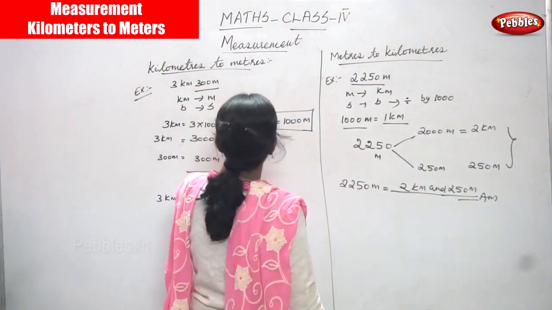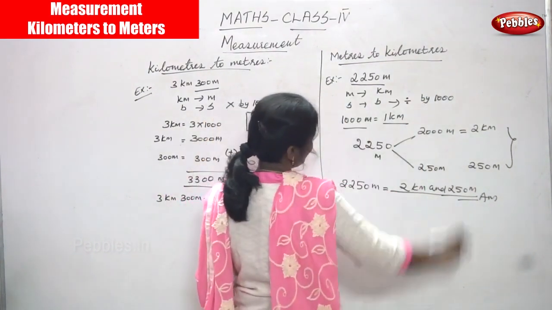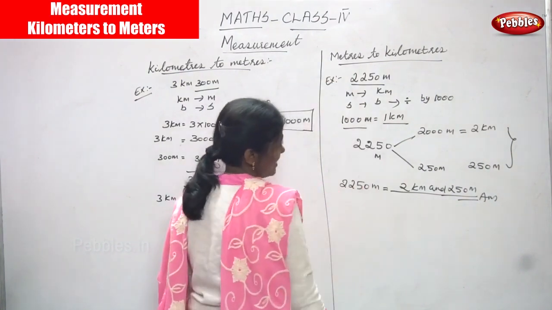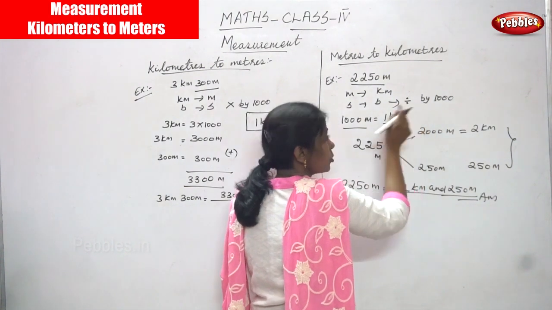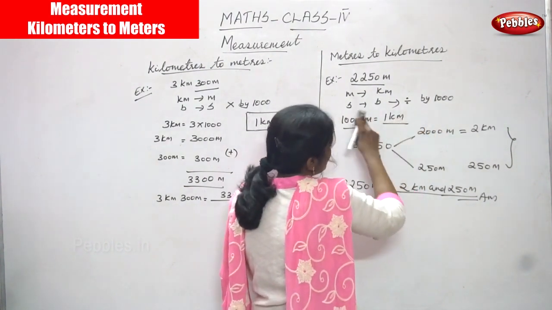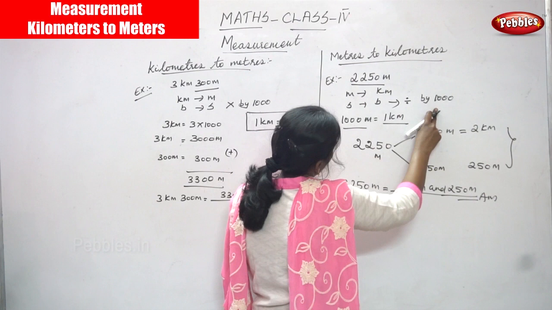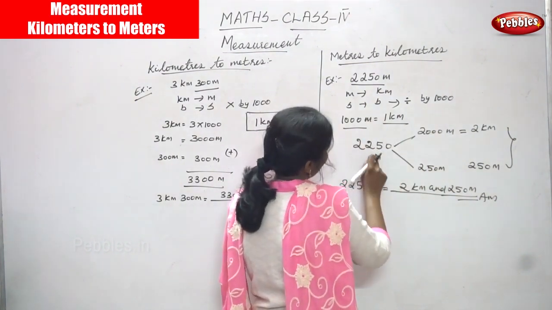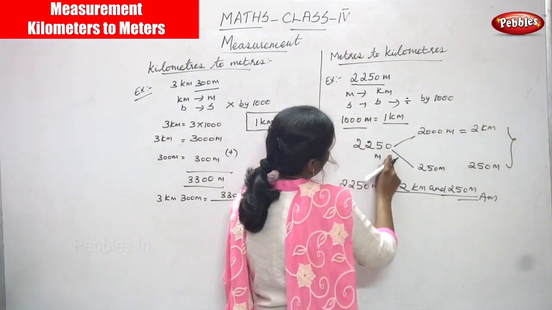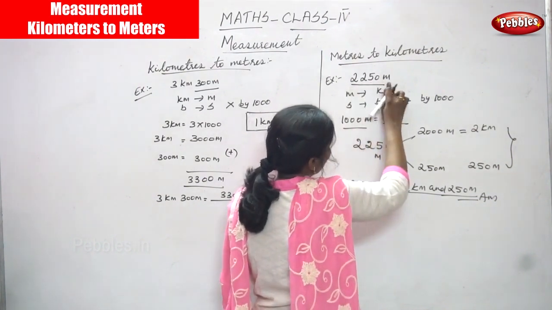Bigger to smaller means you have to multiply by 1000. Smaller to bigger means you have to divide by 1000. By mistake I said it wrong, so don't make the mistake. Now I corrected it, but you should not make the mistake. So smaller to bigger means divide by 1000. 1000 meters is equal to 1 kilometer. The question is 2250 meter.